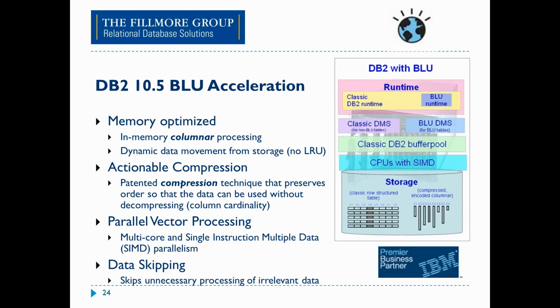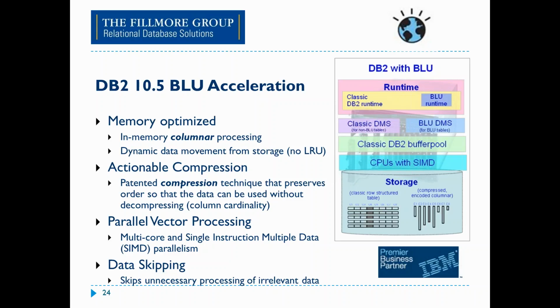for storing table data. So BLU Acceleration is memory optimized. Now, this is not an in-memory database. It is memory optimized, but it performs better if most or all of your table data can be stored in memory. So we're looking at servers that have the capacity to have a terabyte or more of memory.